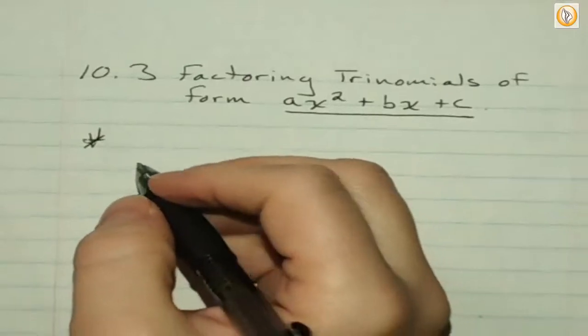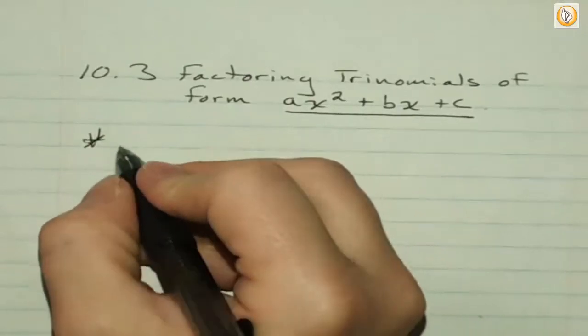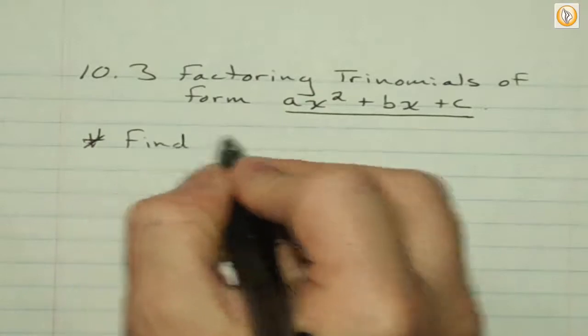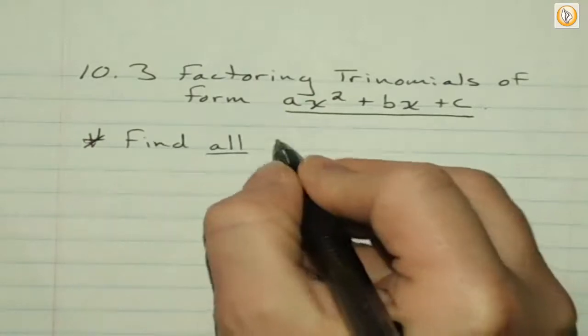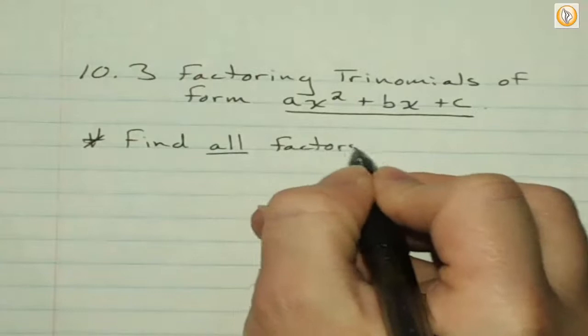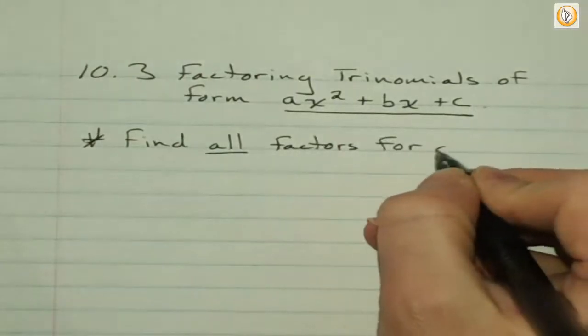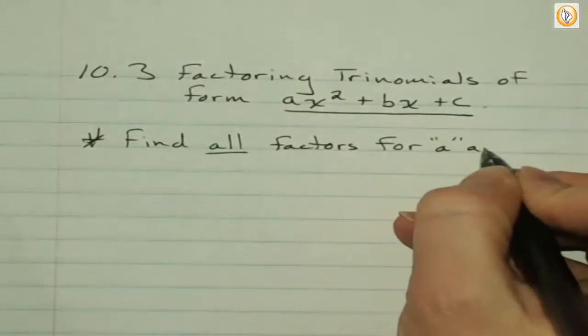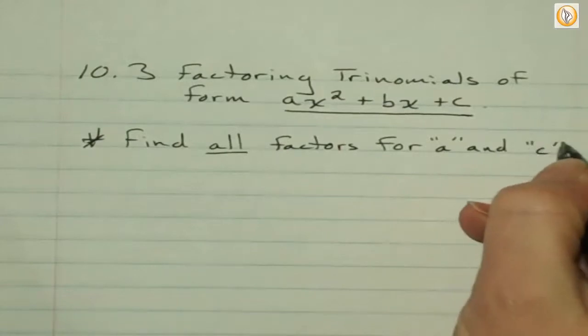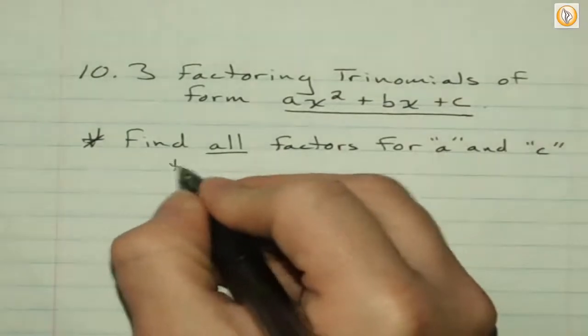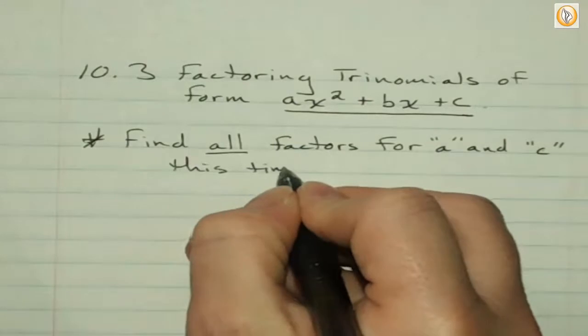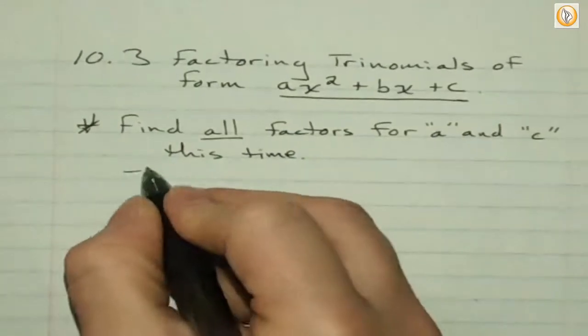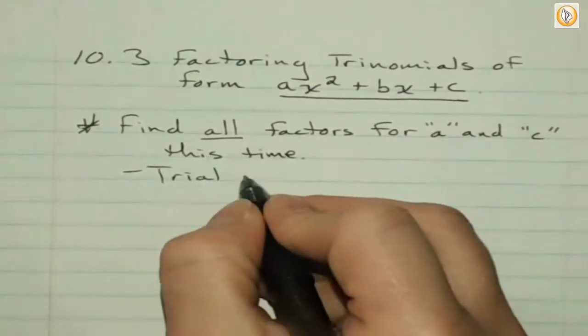All right, the first thing you're going to do is find all factors for A and C this time. We're doing trial and error again.